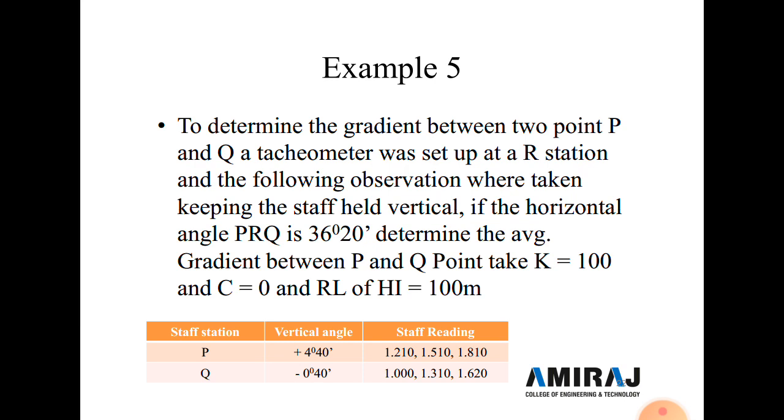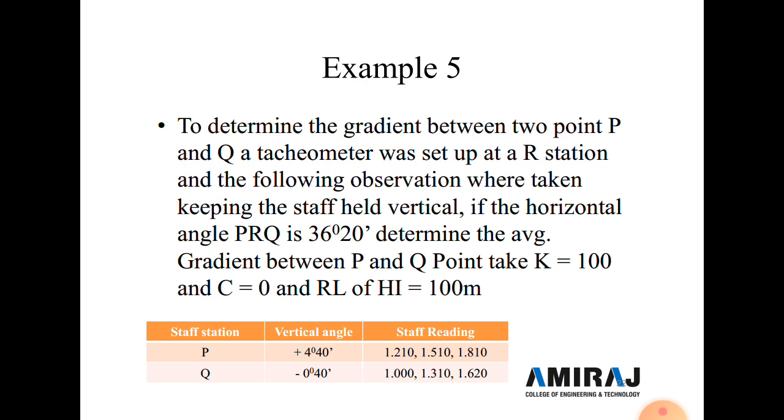Determine the average gradient between P and Q. Here take K equal to 100 and C equal to 0. K is the multiplying constant and C is the additive constant. We take 0 and 100, and RL of HI is given as 100 meter.